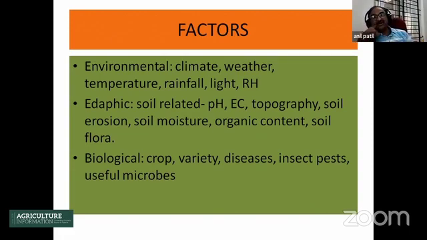After environmental factor, we have got edaphic factor, that is soil related. So this is one of the major factors where all of us are going to face the problem. For example, the pH of the soil, that is whether it is acidic or alkaline in condition or saline in condition.